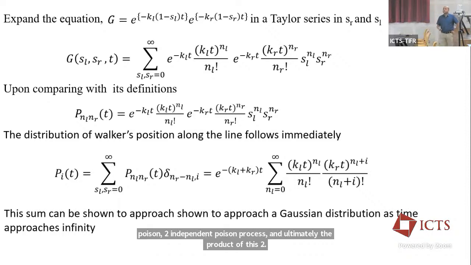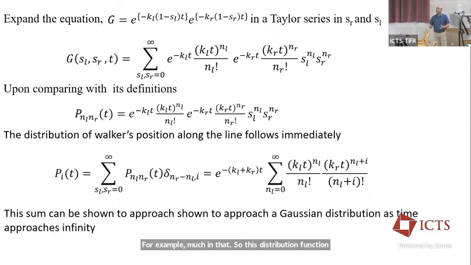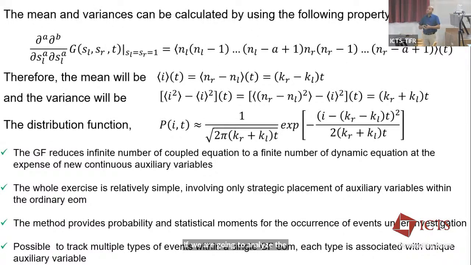If we know this distribution function, we can calculate any type of moments, which is very important in the context of analyzing a stochastic process. This generating function method has a useful property: you can calculate all the moments by taking the differentiation with respect to the S_L, S_R variables.